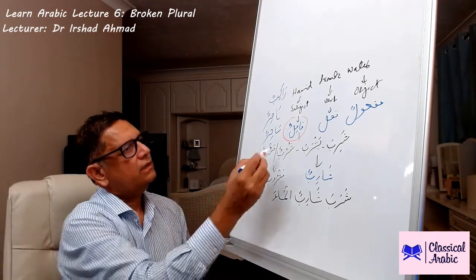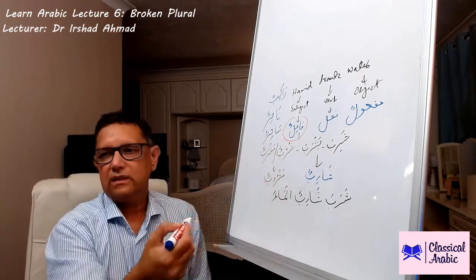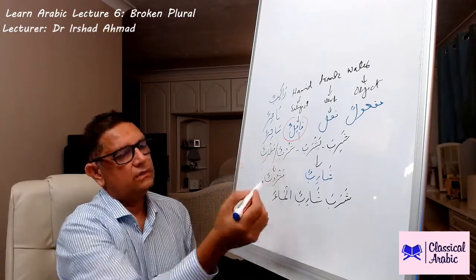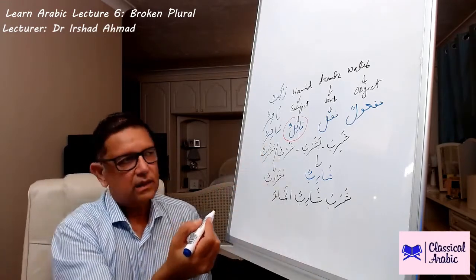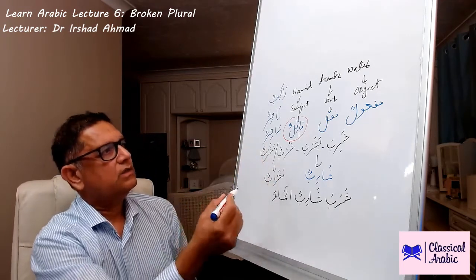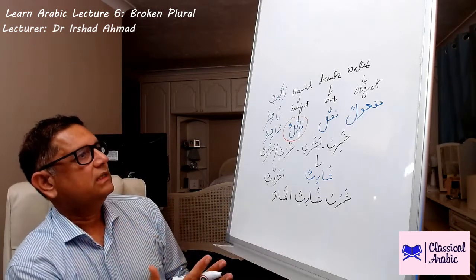Sahirun is again fa'ilun, the person who performs the action of magic, etc. So it's Sahara, Yasharu, Sihrun, and from that is Sahirun. We'll have to focus on fa'ilun only, and ignore the other words I'm saying for now.